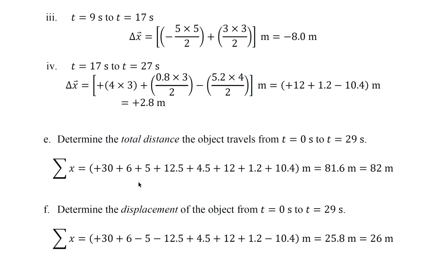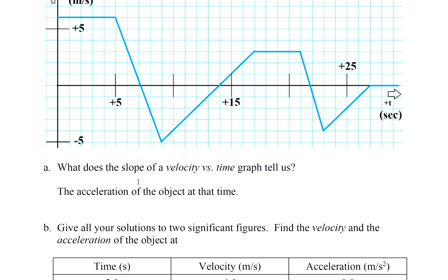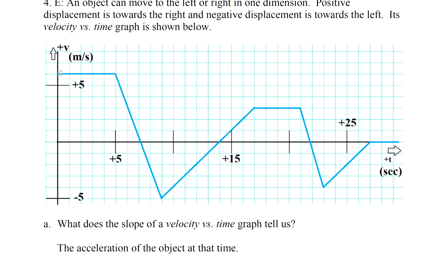Determine the total distance the object travels from 0 to 29 seconds. So we're just going to add up all of the areas under the graph. It doesn't matter if it's positive above the horizontal or negative below the horizontal. It's always going to be adding up the area under the graph.